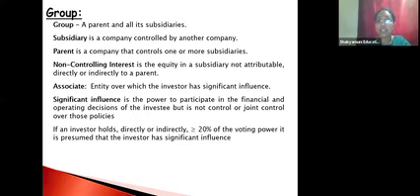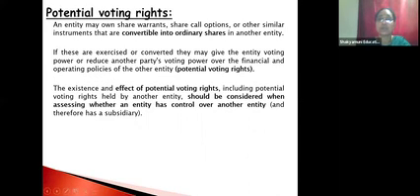These additional voting rights also should be considered now while defining the parent-subsidiary relationship and while defining control. That is called potential voting rights. Like options, share warrants, debentures, there are a lot of other instruments that are convertible into ordinary shares at a future date, right?